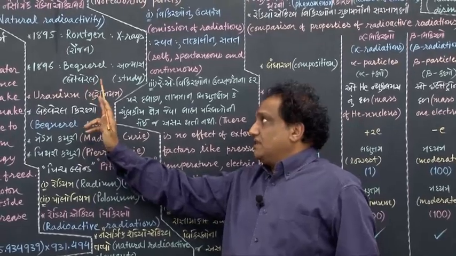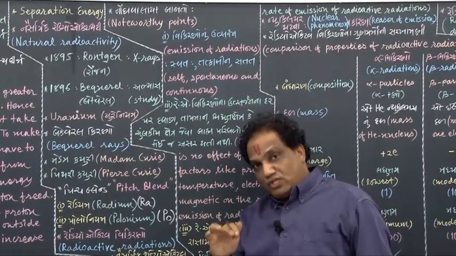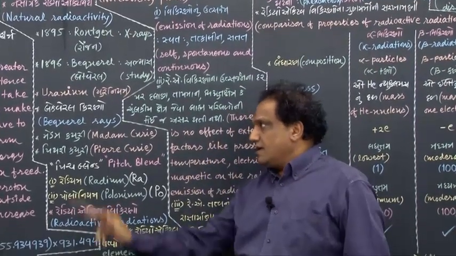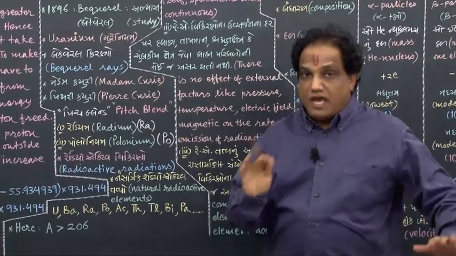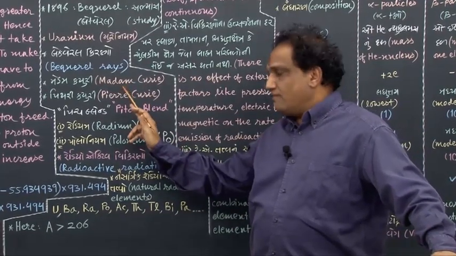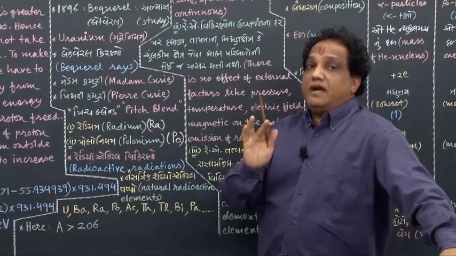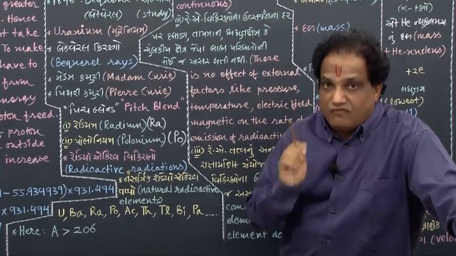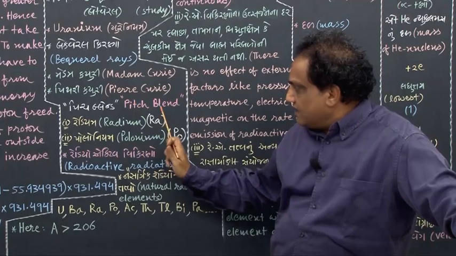After the discovery of this phenomenon, majority research work was later carried by two more scientists, Madame Curie and Pierre Curie. Pierre Curie happened to be husband of Madame Curie. This scientist couple had separated two radioactive elements from the ore of uranium known as pitch blende.